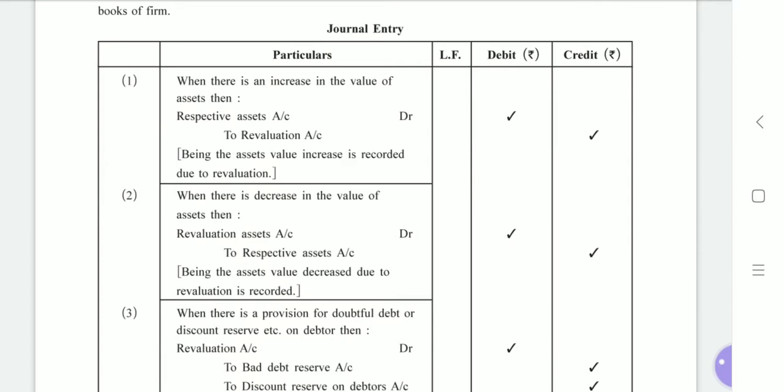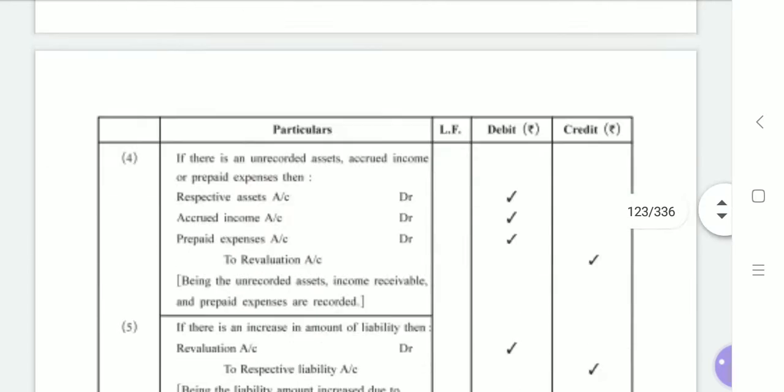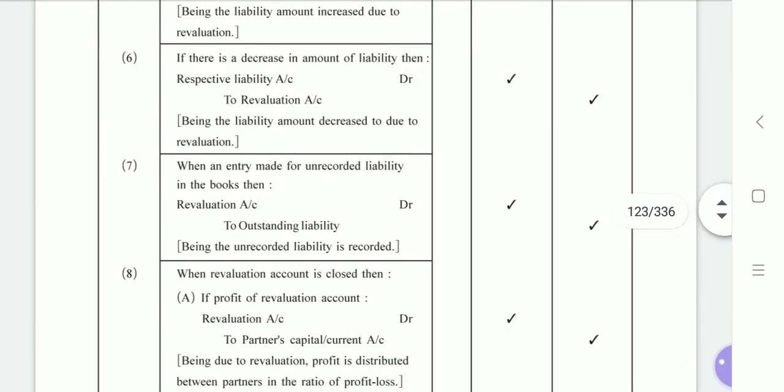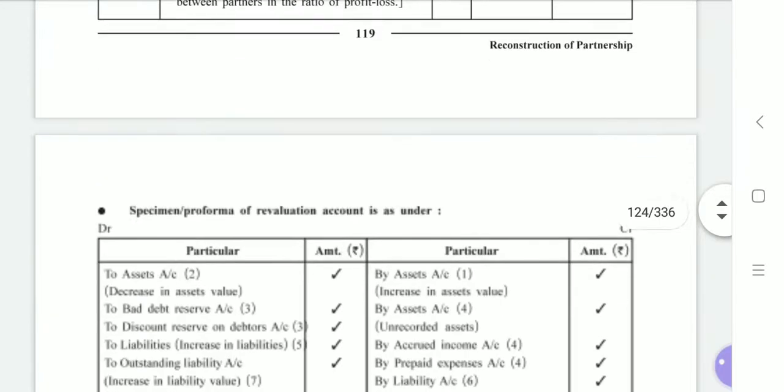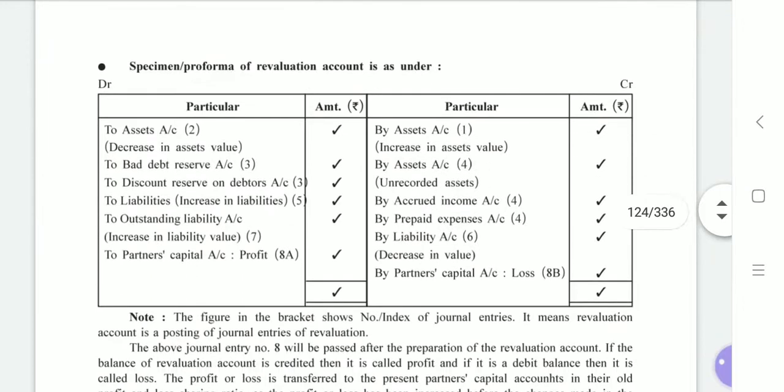Like when there is increase in the value of an asset, when there is decrease in the value of an asset, when there is increase or decrease in the value of a liability, and so on. These journal entries are extremely important to solve the sums which are given in chapter 5.